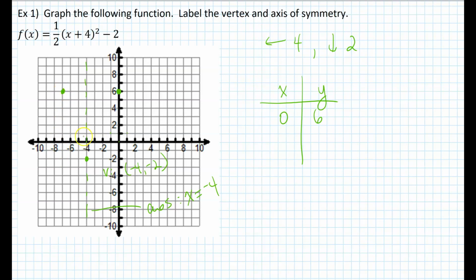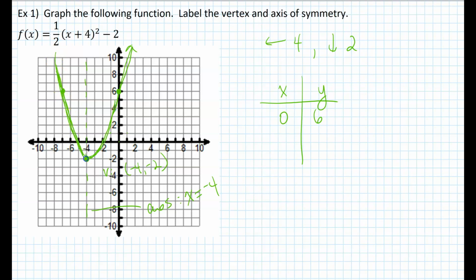Okay, and really how many points do we need to graph a parabola? As long as we have 3, but one of those has to be the vertex. So this is enough, at least 2 additional.